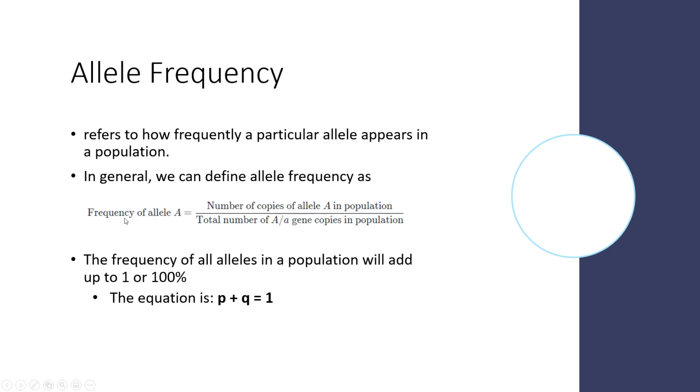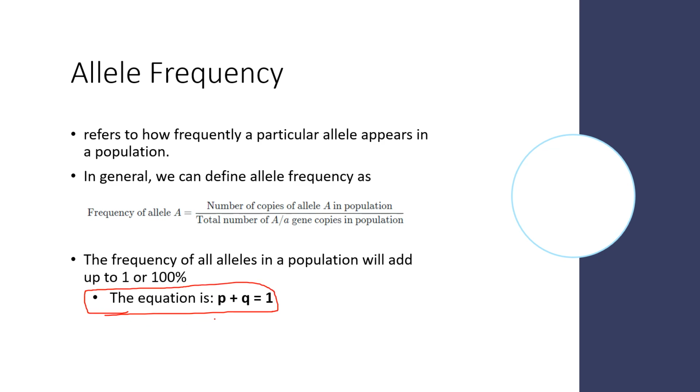The frequency for the dominant allele is the total number of dominant alleles in the population divided by the total alleles in the population, both dominant and recessive. When you calculate this, the frequency of both the dominant and recessive alleles should equal 1. So right here is this equation, and make sure you guys write this down.